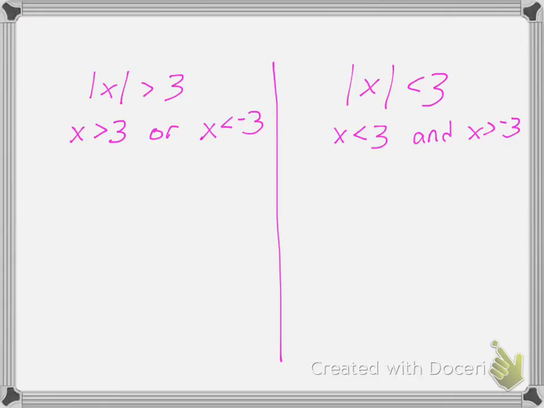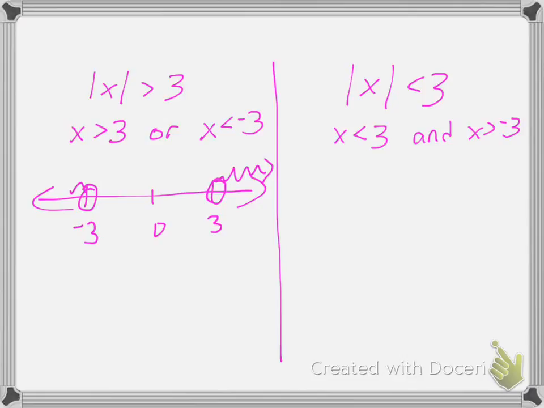As far as number lines go, to represent your answers, for this left one, it would have been starting at 3 and anything above it, and starting at negative 3 and anything below it. For this right one, it would be anything between the two values of 3 and negative 3. So a huge difference whenever it comes to getting your correct answer here.